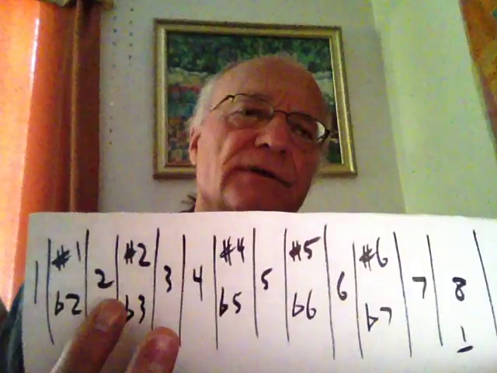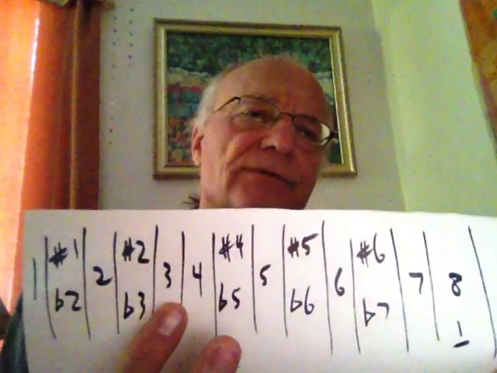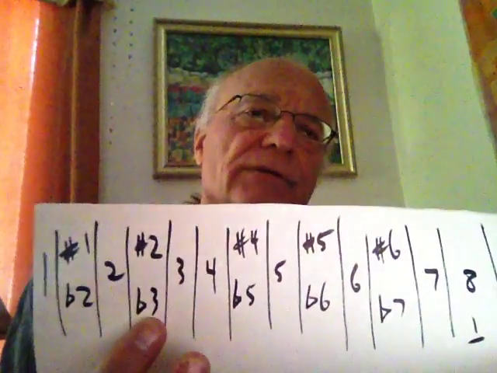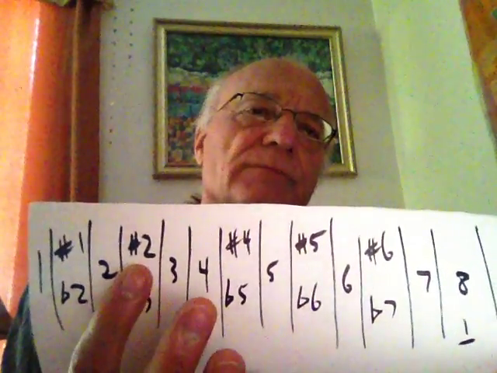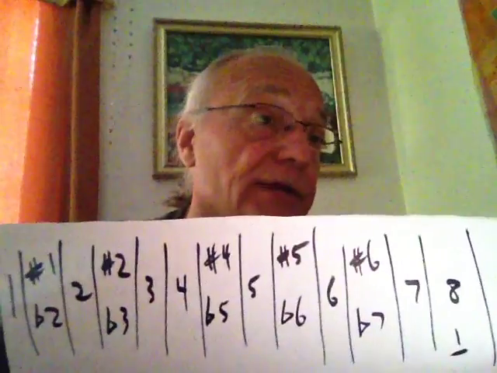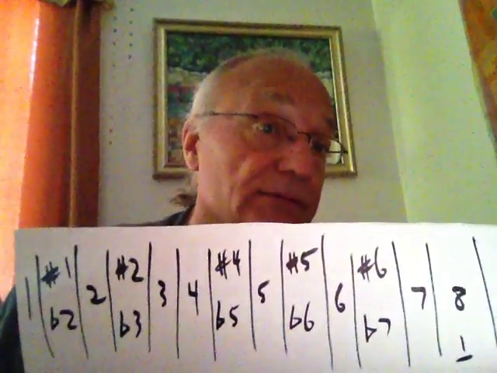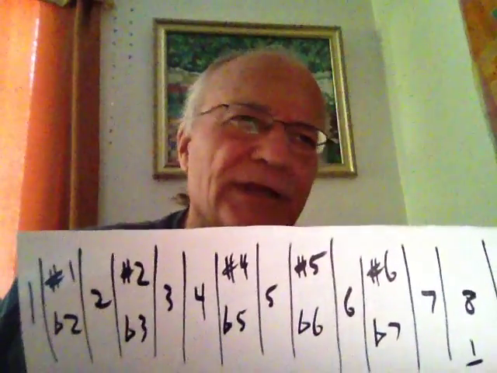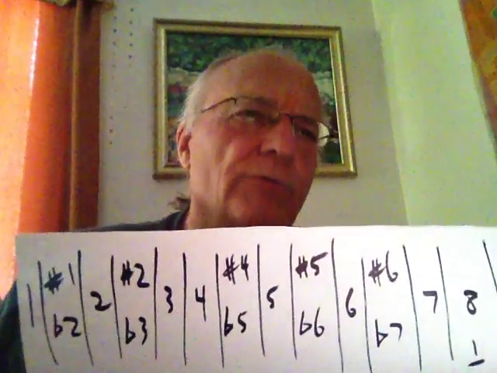Then there's the second note of our major scale, third note of our major scale, fourth note of our major scale. So over here we have a flat 3 or a sharp 2. That note has 2 different names. It depends on what game we're playing musically which name I will use.